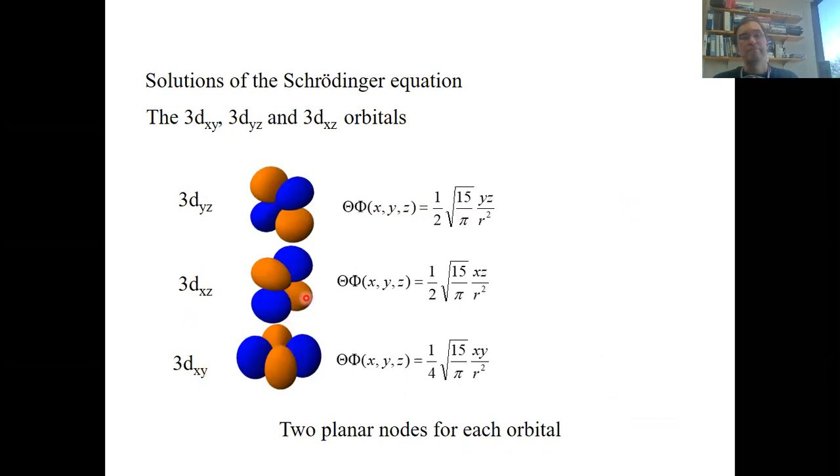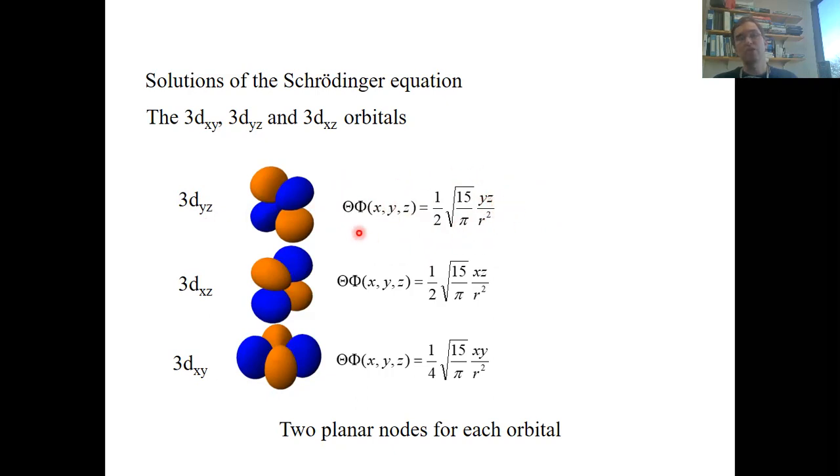However, it is worthwhile looking at the angular parts of the wave function. We see them here directly in Cartesian coordinates, so the transformation from polar coordinates into Cartesian coordinates is already done. And you see that for the 3dyz orbital, this function is a product of y times z. So when does this function become 0? Either when y is equal to 0, because then the entire product becomes 0, or when z is equal to 0.